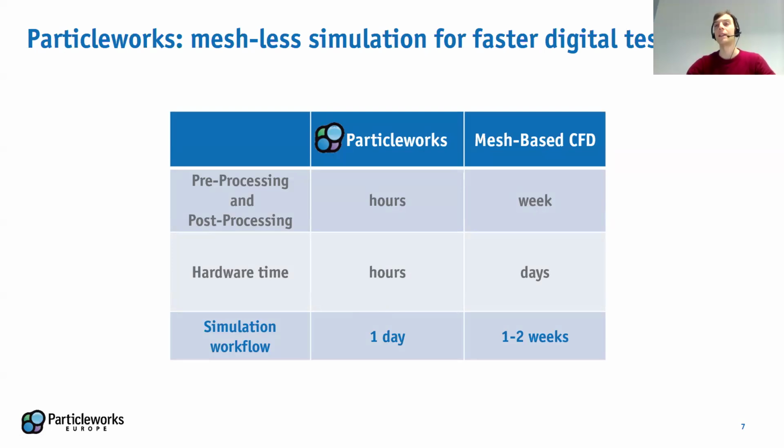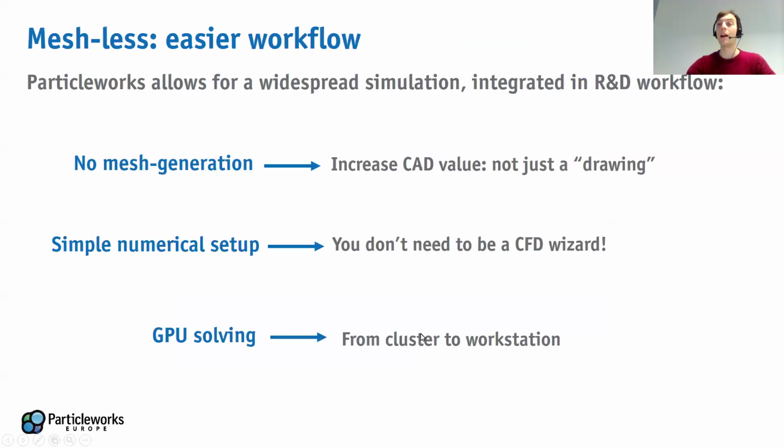I can also discuss how the scaling of simulation times compares with conventional CPU cores, so conventional computational nodes that might be more familiar with mesh-based CFD. Overall, the workflow for a simulation with Particleworks is in the range of days instead of weeks. It's easier to set up, faster, and because of that, we can do it earlier in the design phase. So we can iterate on the geometry, and we can check different conditions in the digital model.